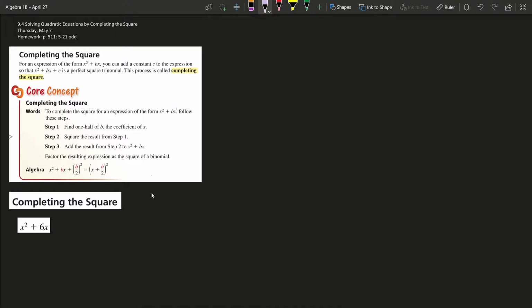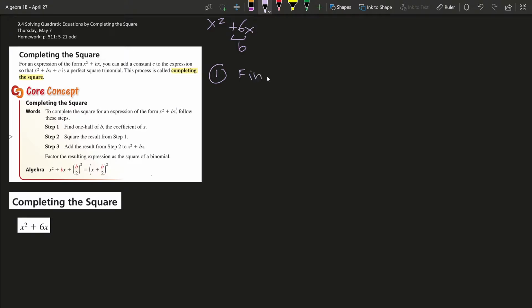So we have x squared plus 6x, right? So let me rewrite up here, x squared plus 6x. Okay, so the first thing we're going to do is identify what our b is, right? And our b is positive 6. So that's our b. Now our first step after that is to find what half of b is.